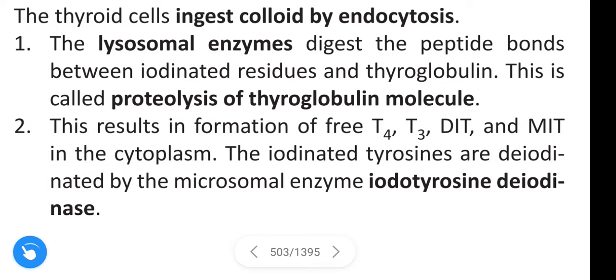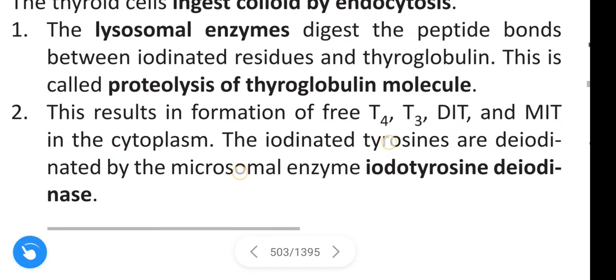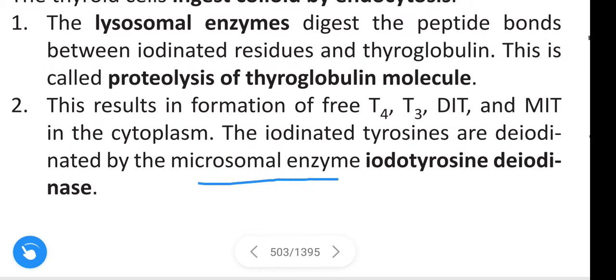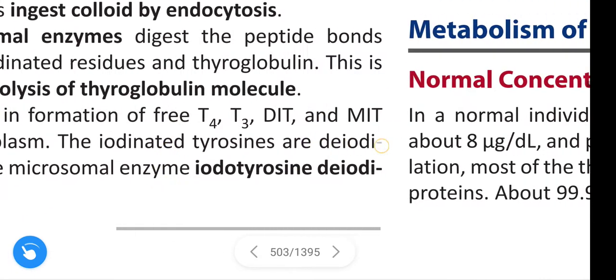The iodinated tyrosines are deiodinated by the microsomal enzyme, that is iodotyrosine deiodinase.